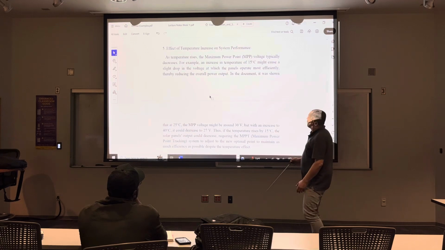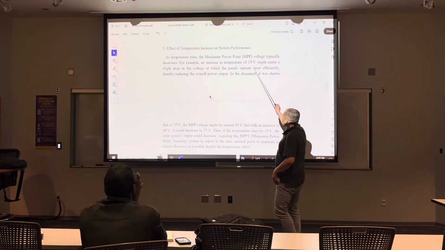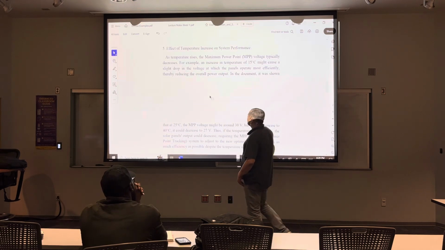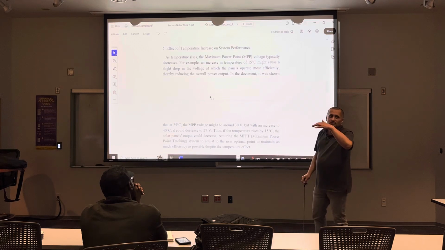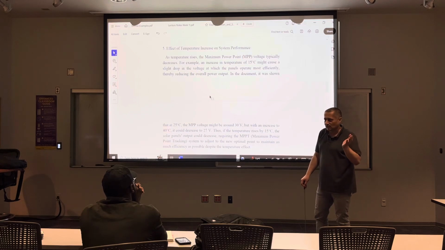Okay, this slight drop in voltage, at which the panel operates most efficiently, thereby reduces the overall power output. Because V at max power point is reduced, the max power point will be reduced. Why?